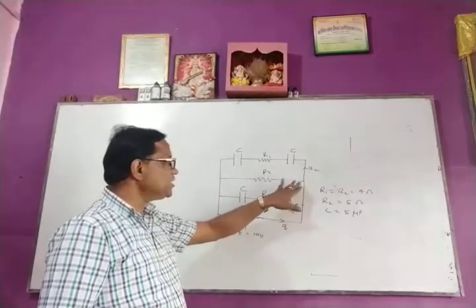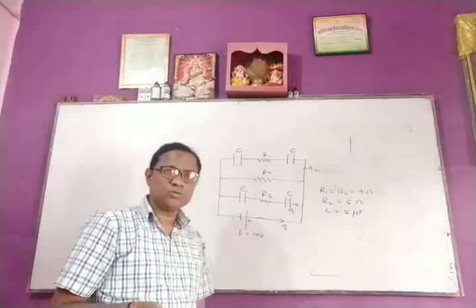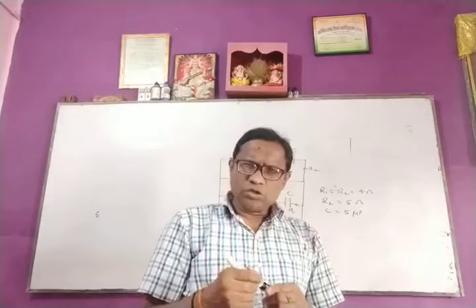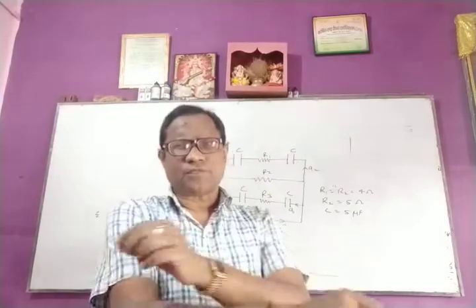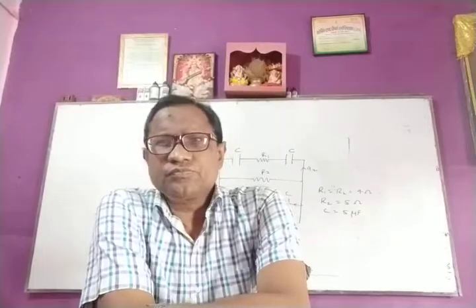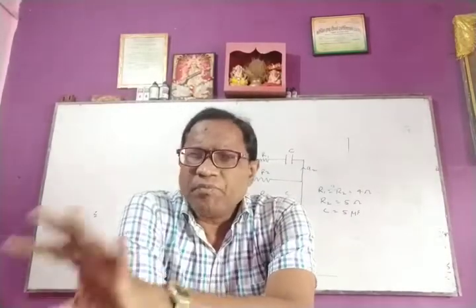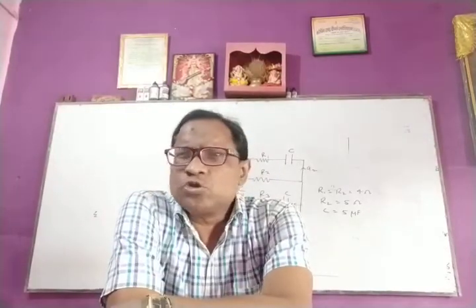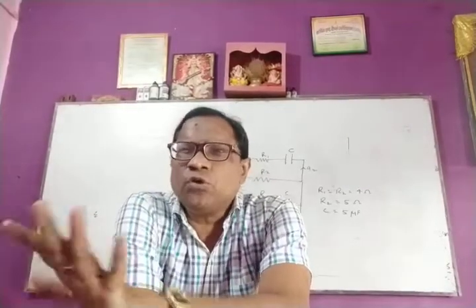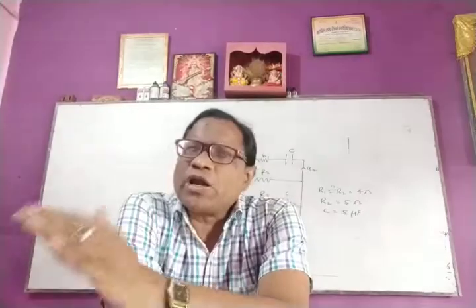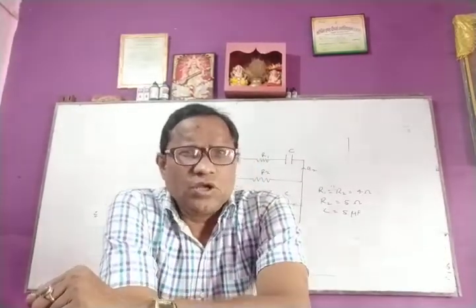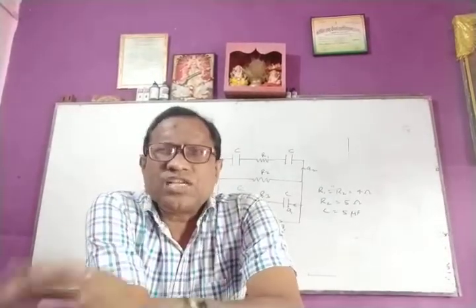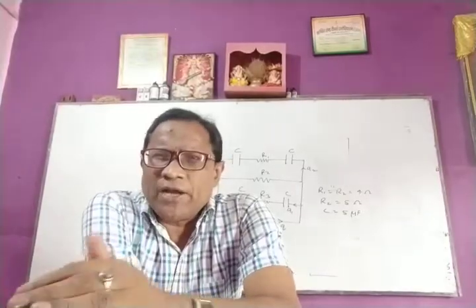What is the reason for no flow of charge through resistor R2? Generally, through a continuous path, current is flowing. Between the plates of the capacitor there is a gap, so no current will flow from one plate to another plate of the capacitor. In such case, only charge will jump from one plate to another plate.